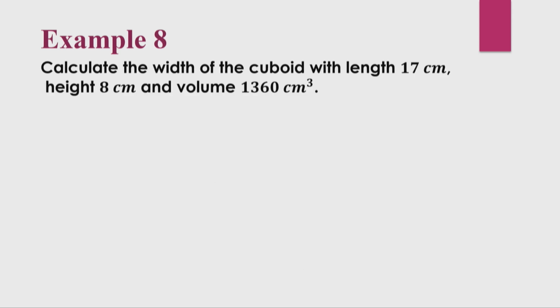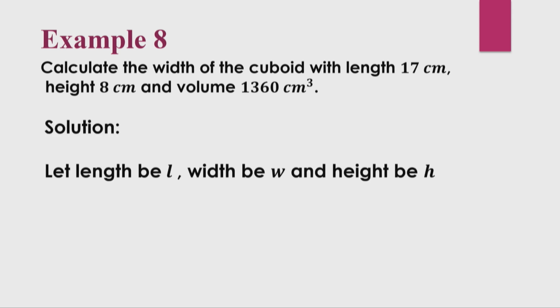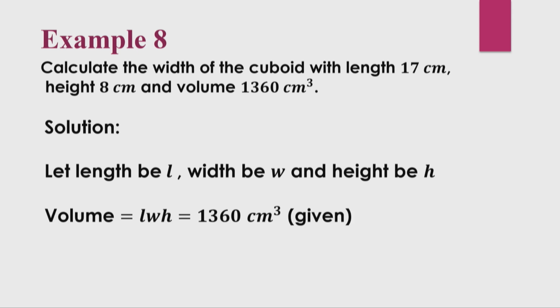Next example. Calculate the width of a cuboid with length 17 centimeters, height 8 centimeters, and volume is 1,360 centimeter cube. Let the length be L, width be W, and height be H. Volume is equal to LWH is equal to 1,360.